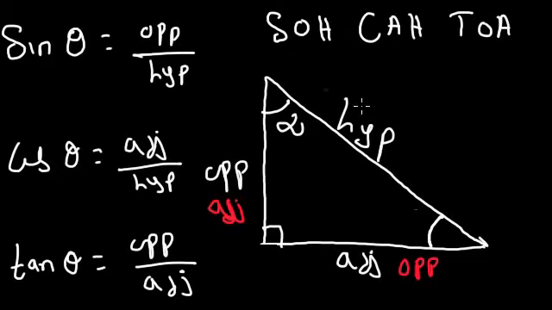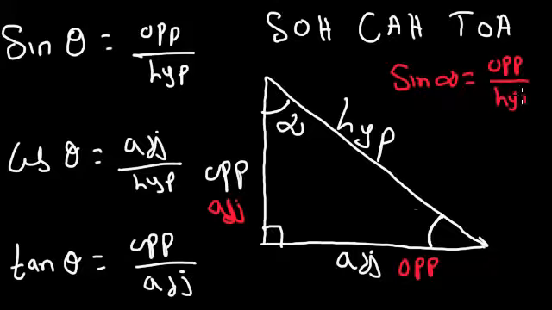Relative to alpha, sine alpha equals opposite, which is this one right here, over hypotenuse. Perfect. Now, what else? Cosine alpha is equal to what?